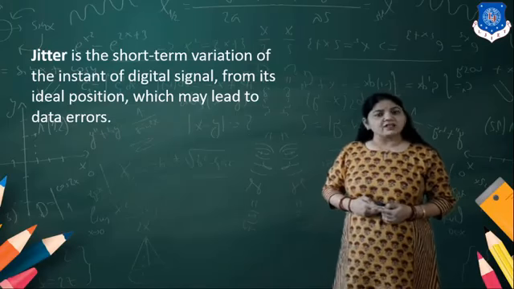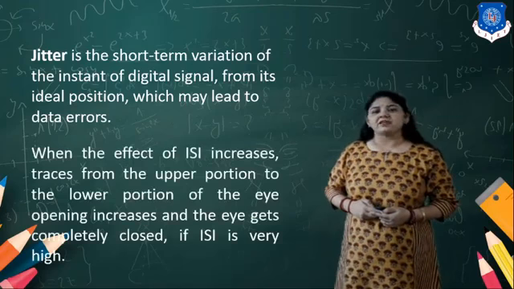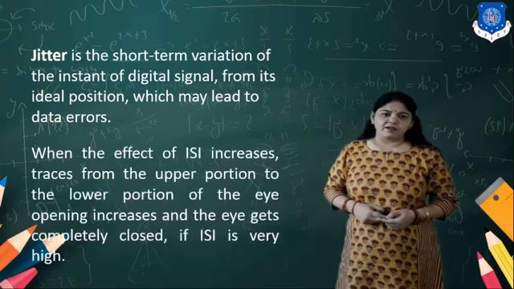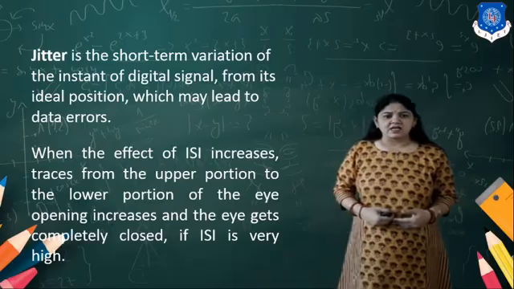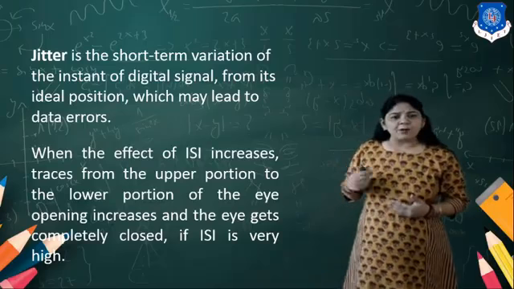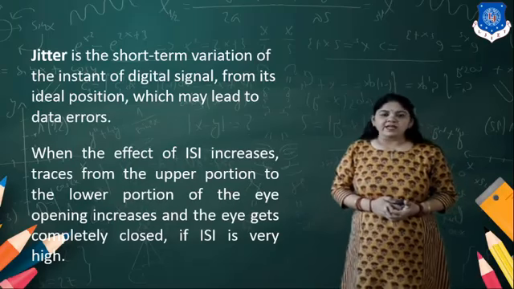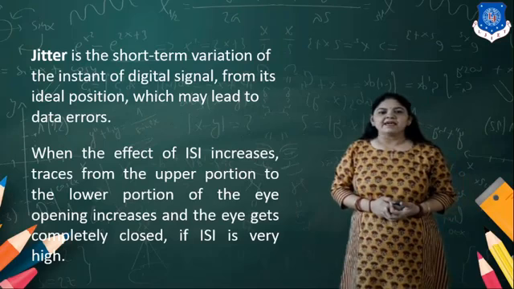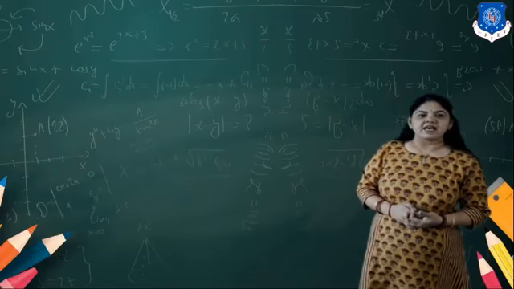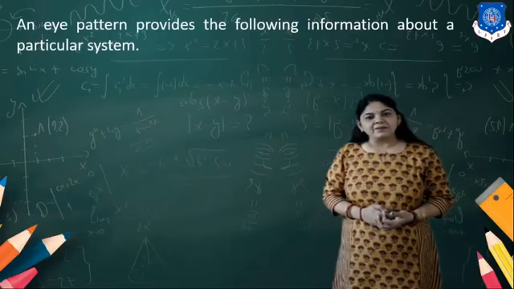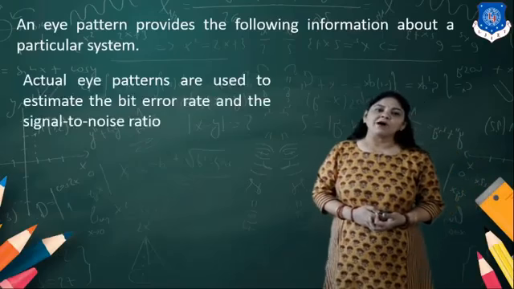So due to variation in the digital signal, data errors will come, the effect of the ISI increases, and the traces from the upper portion to the lower portion of the eye opening increase, and the eye gets completely closed if ISI is very high.